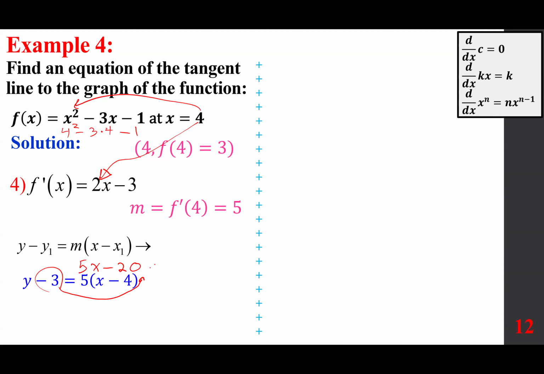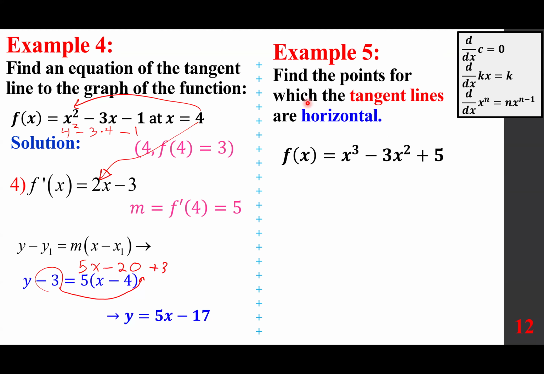Negative 3. Move it, make it positive 3. So y equals 5x minus 17 is the equation of a tangent line. Needless to say, if you plug in, the pair should work, and when it does, it just means that we did this right, it doesn't say anything about the slope.